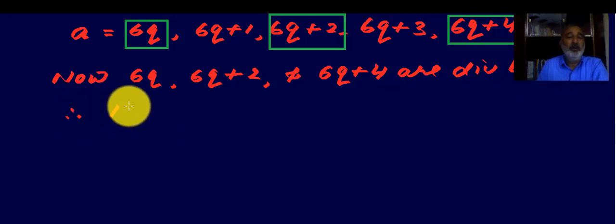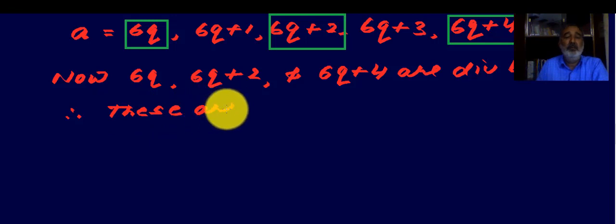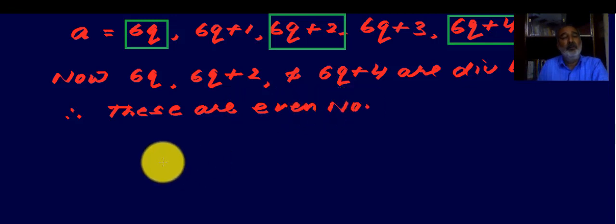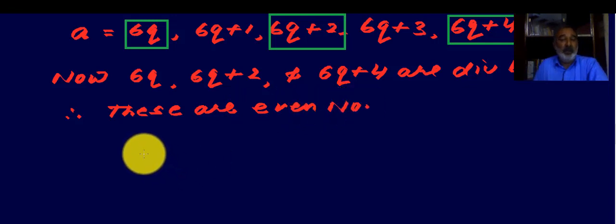Therefore, these are even numbers, as positive integers can either be even or odd.